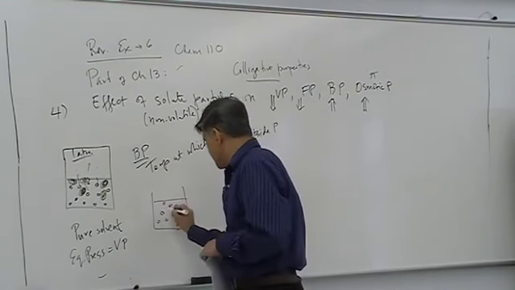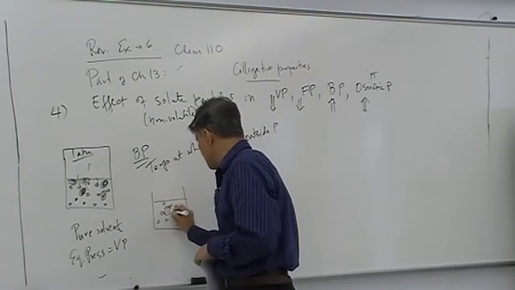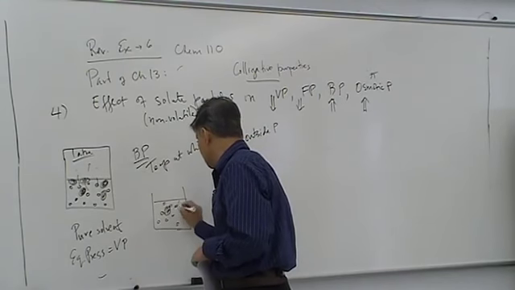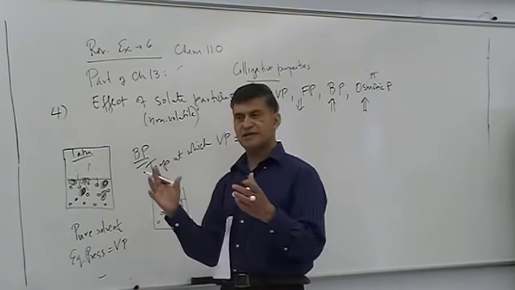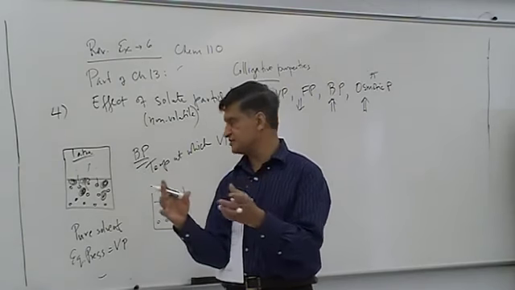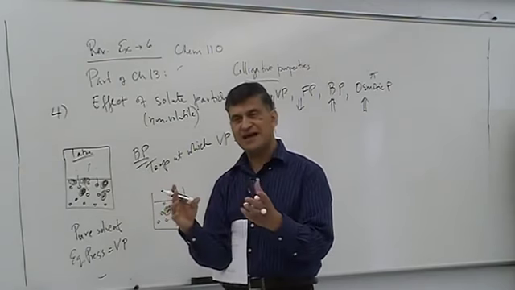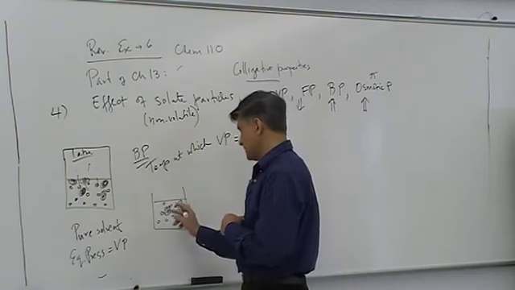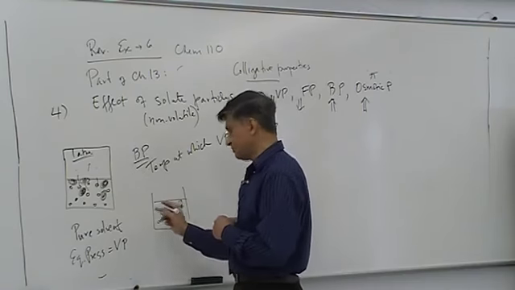But when I have some other particles, non-volatile particles sitting in between, they're separating them. They're not allowing them to come close together, or they don't feel attracted to each other that strongly because of this separation.